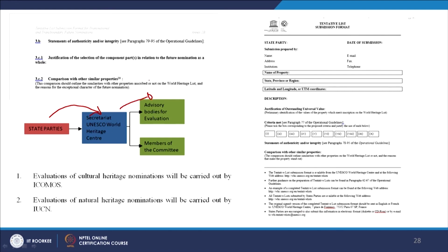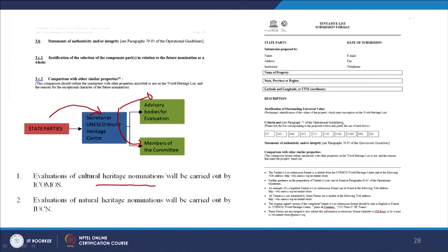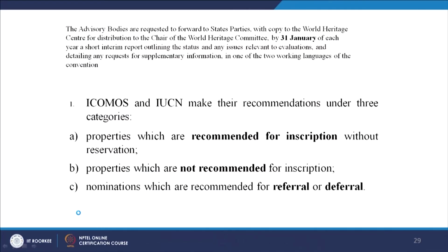So the procedure is that the state parties submit it to the secretariat, and then they forward it to the relevant advisory bodies for evaluation, and soft copies are also forwarded to the members of the committee. These evaluations always take some time. For cultural heritage nominations it is mostly carried out by ICOMOS, and for natural heritage by the IUCN. These advisory bodies are requested to forward to the state parties, with copies to the World Heritage Centre for distribution to the chair of the World Heritage Committee, mostly around 31st January of each year, a short interim report.